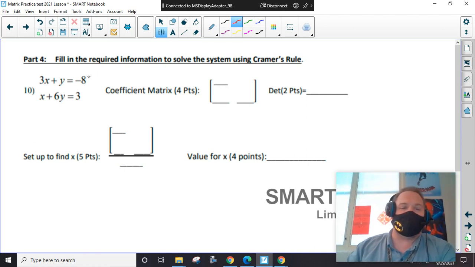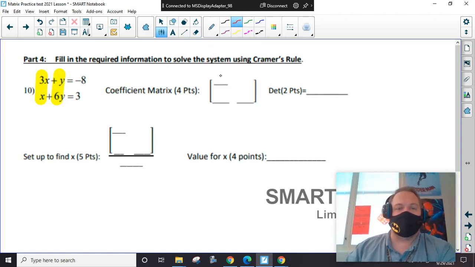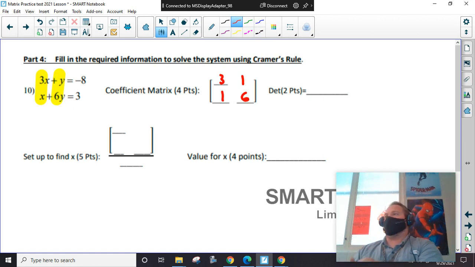All right, the coefficient matrix. Remember, the coefficient matrix are these numbers right here. So this would go 3, 1, 1, 6. You actually get 4 points for filling that in.